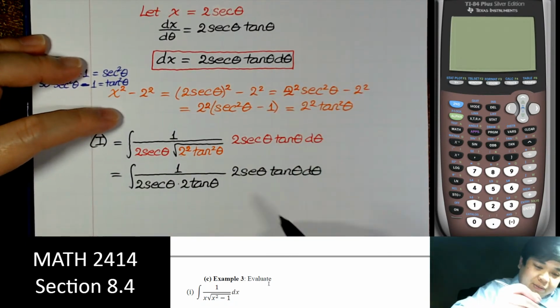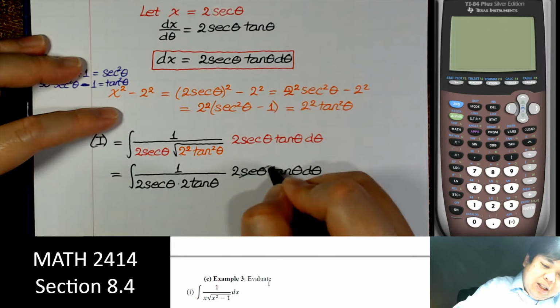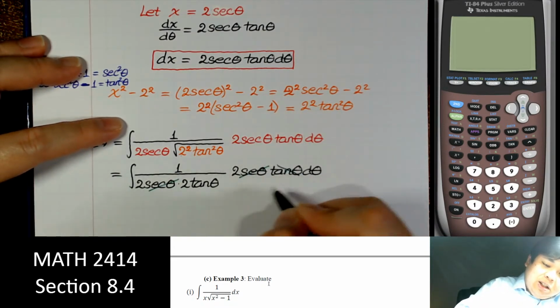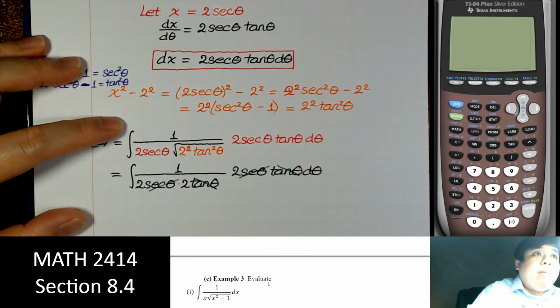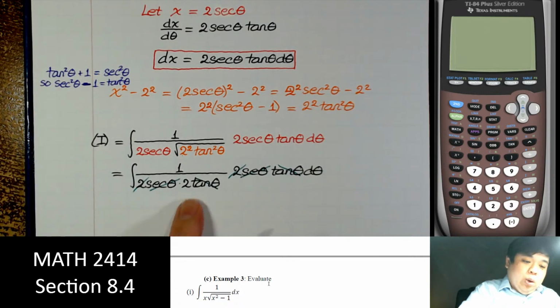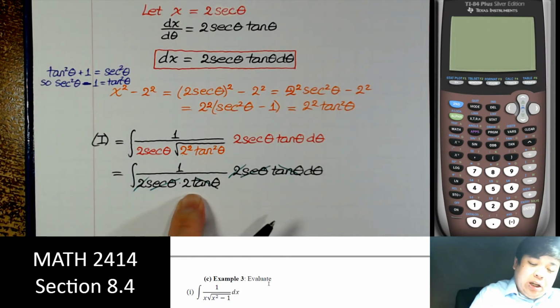Now, secant cancels secant, the tangent cancels the tangent, also the 2 cancels out the 2. We are only left with a 2 here, and everything else cancels out.